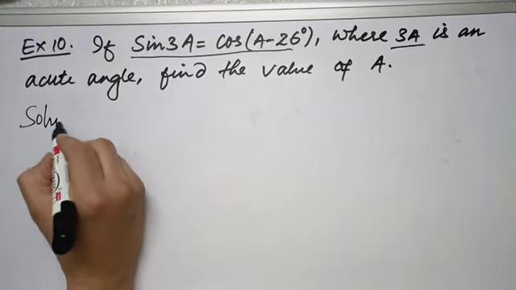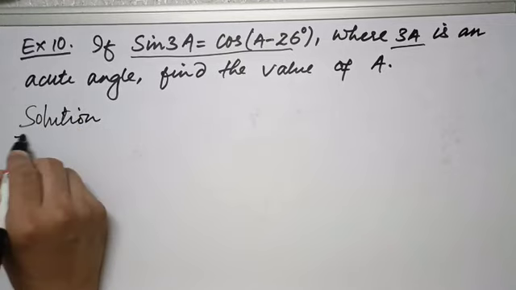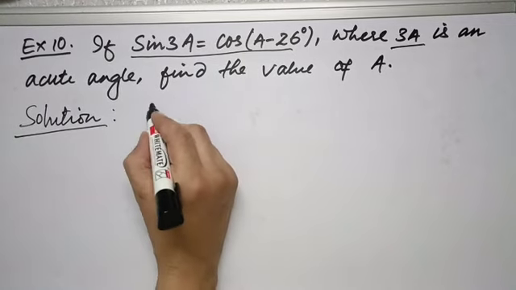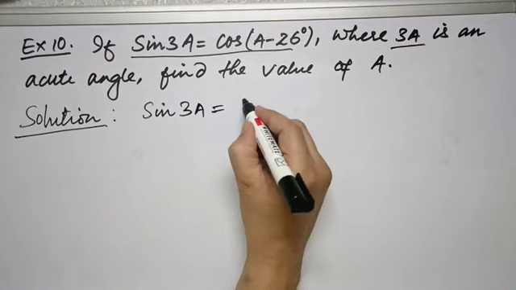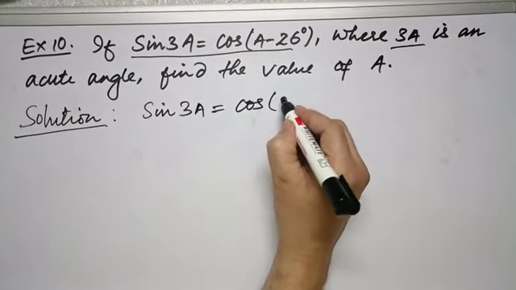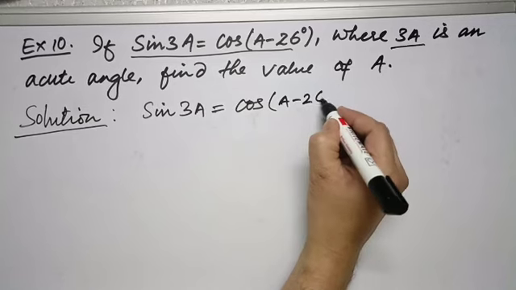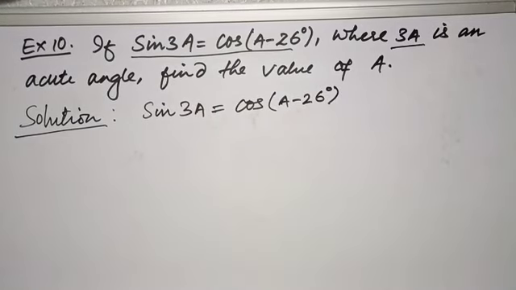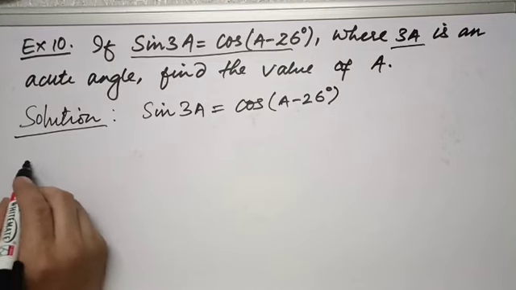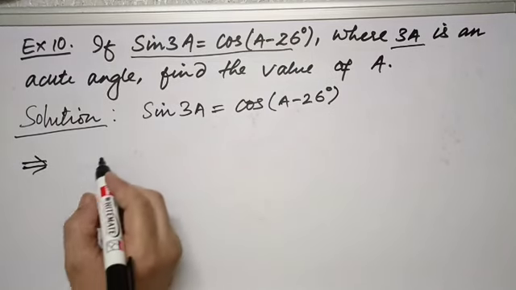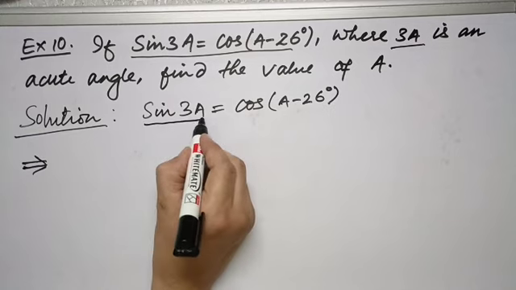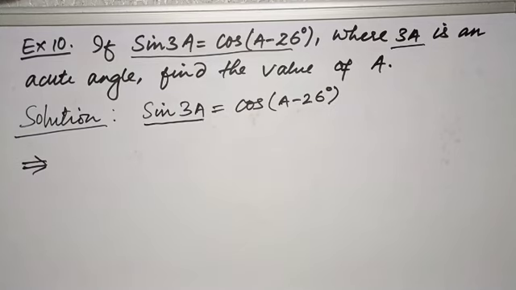Let us check the question and find the solution. We are given sine 3a equals cos (a minus 26 degree). Using the complementary angle technique we just learned, we'll write this in cos form, and writing in cos form means writing 90 minus something.